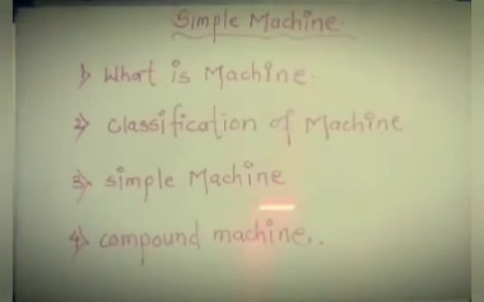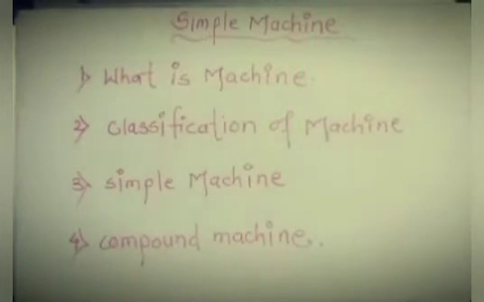Now next is the compound machine. The machine which has more than one point for the application of effort and more than one point for the load which is to be lifted is known as a compound machine.